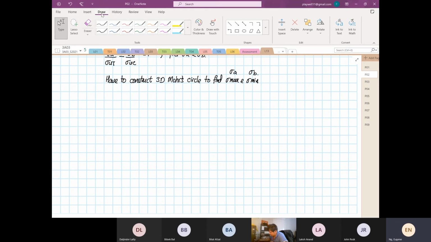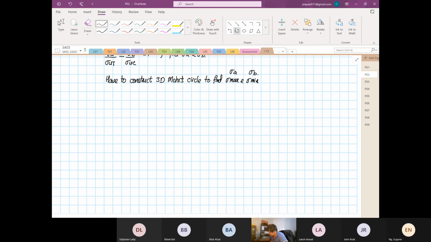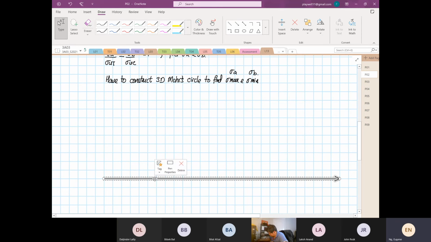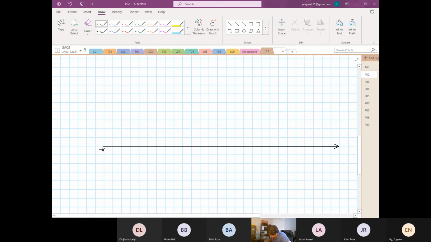So we'll have 2, 4, 6, 8, 10. This is a big circle. So this is minus 20, 18, 10, 8, 6, 4, 2, 0, 2, 4, 6. Normal stress.